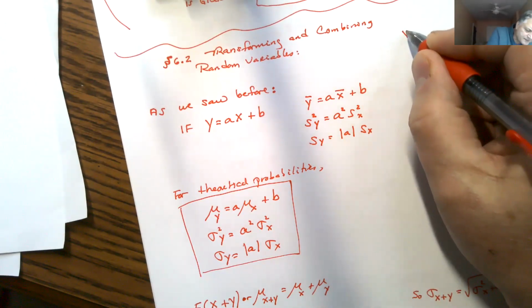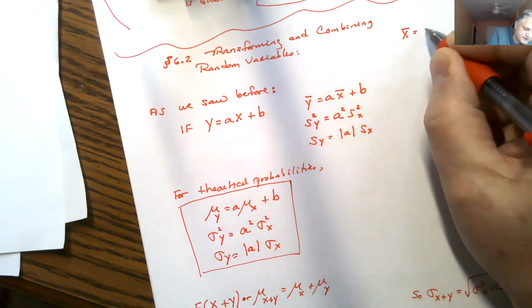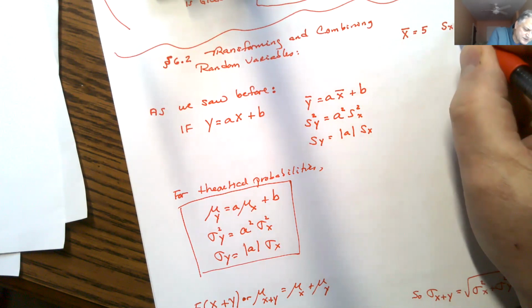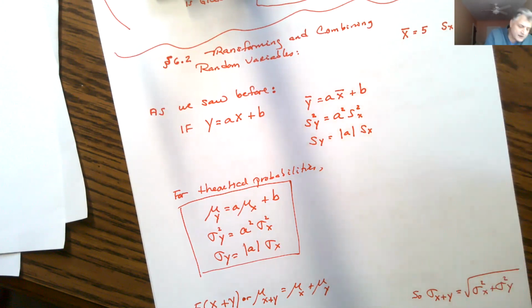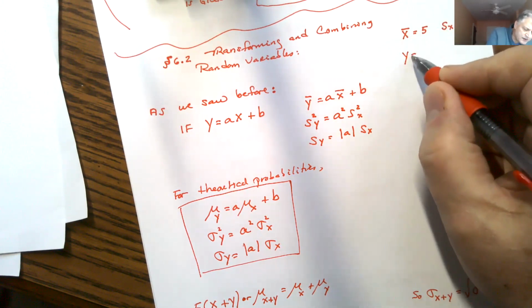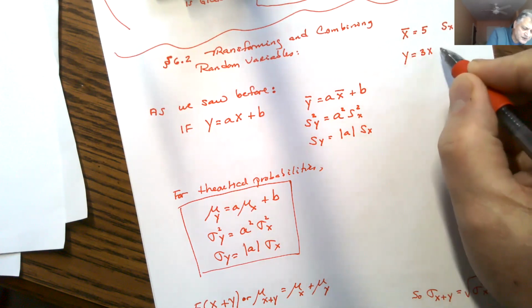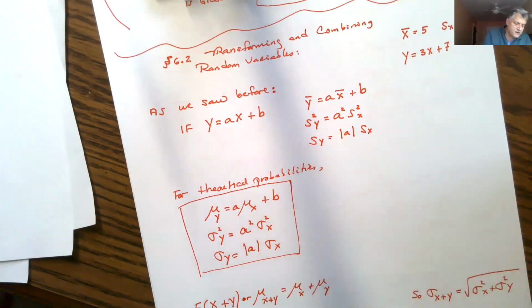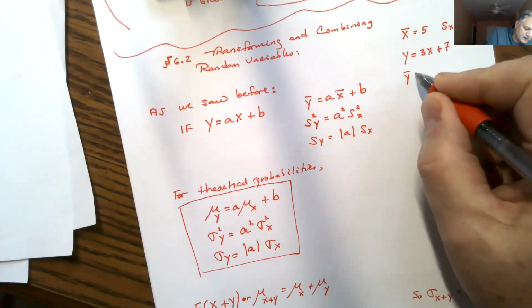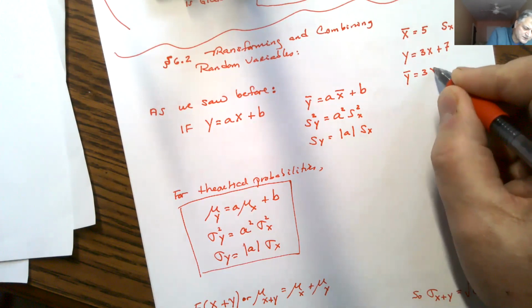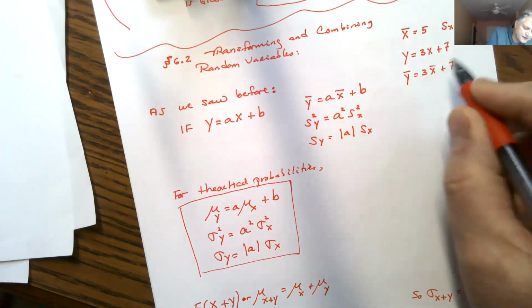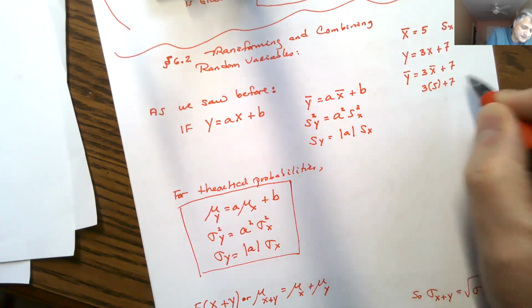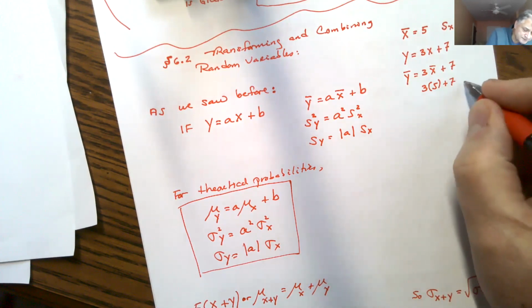Say x bar is 5, sigma x is 2, and y equals 3x plus 7. To get y bar, we take 3 times x bar plus 7, so we get 3 times 5 plus 7, which is 22.